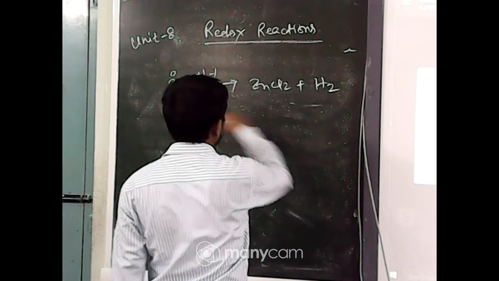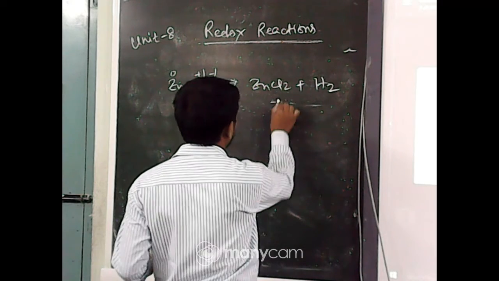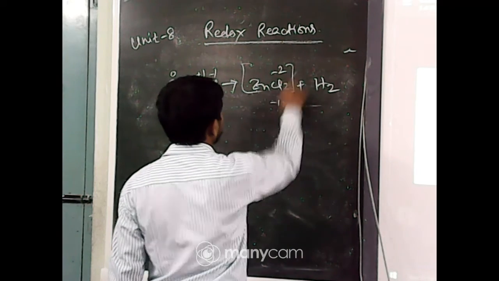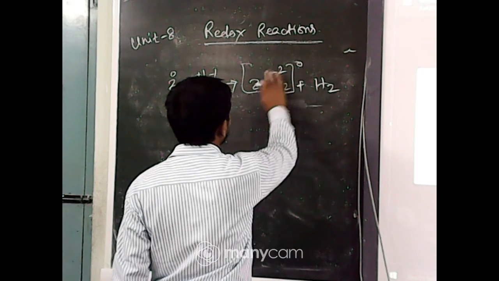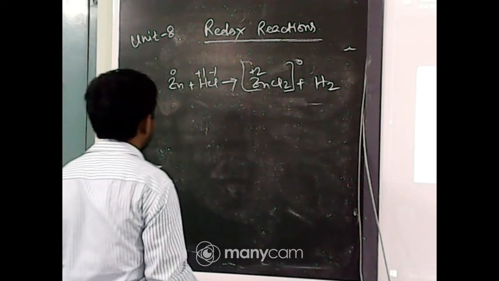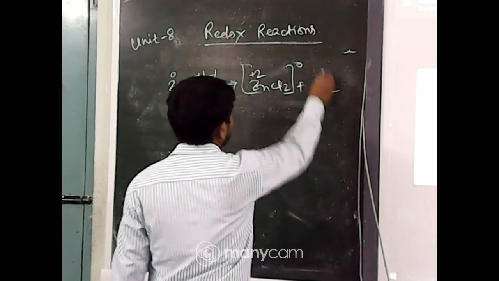Here chlorine is -1, so the overall charge is -1 into 2, that is -2. Now the overall compound is neutral because there is no charge, so zinc is in +2 oxidation state. Here hydrogen is in 0.